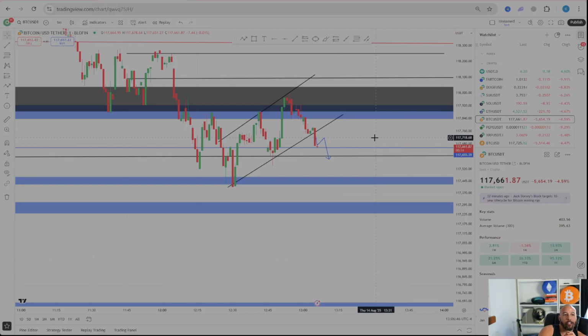And this is where a lot of people lose in trading, guys. A lot of people have no risk management. They'll get greedy for taking profits and they'll find it hard to actually fulfill their stop losses. They'll be like, no, it's going to go back up. It's going to go back up.